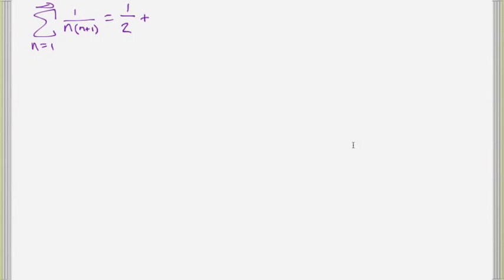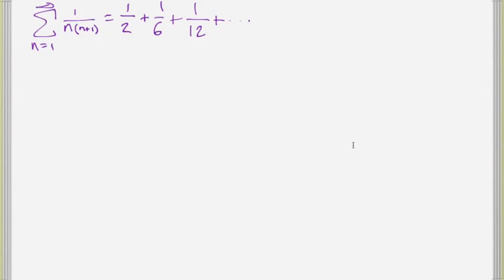If I plug in 3, I would have 1/12, and this thing is not looking geometric, right? Because I just multiplied by 1/3 and then by 2/3. So geometric isn't going to work for us. We need a new strategy.